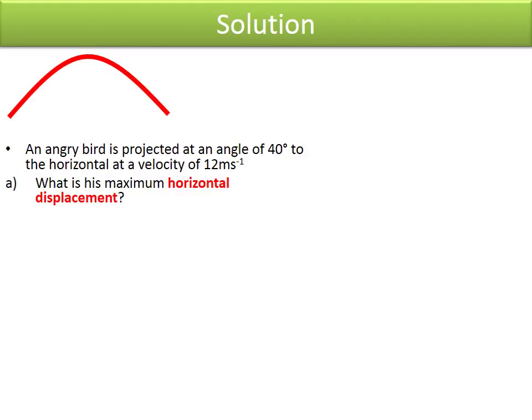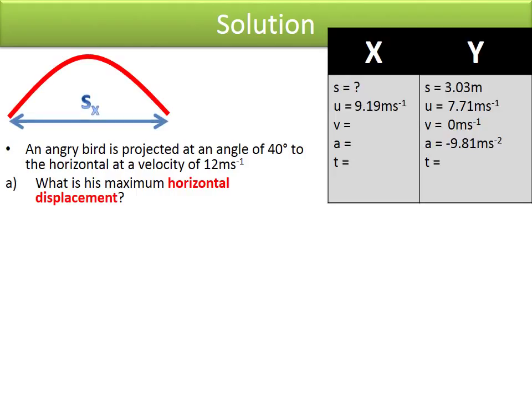Now what we need to do is figure out the horizontal displacement. So we have from before our SUVAT table plus all the values we have. Now what I'm going to do is figure out the time that it takes to go up. I'm doing this because it takes a certain amount of time to get up, it'll take the same amount of time to go down.